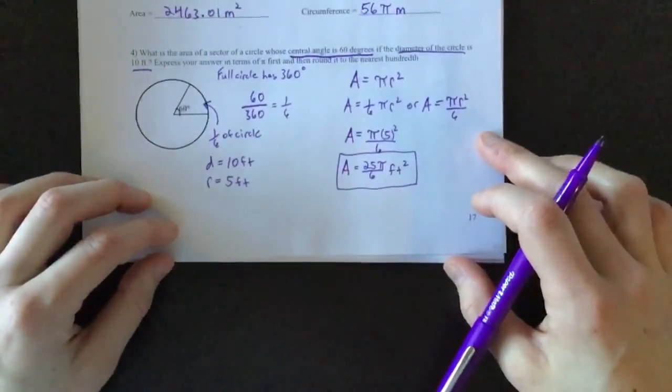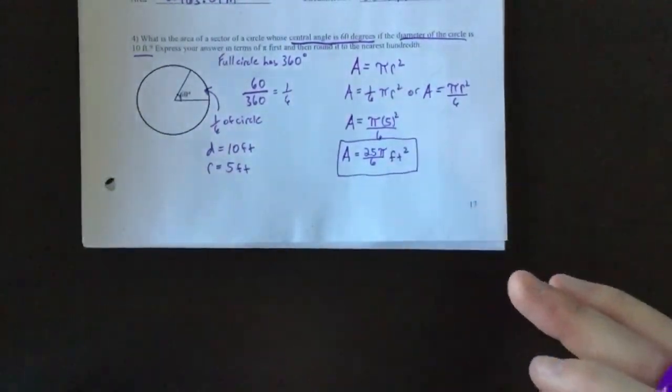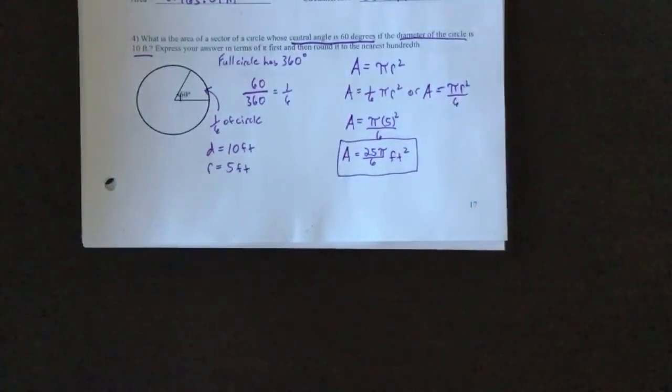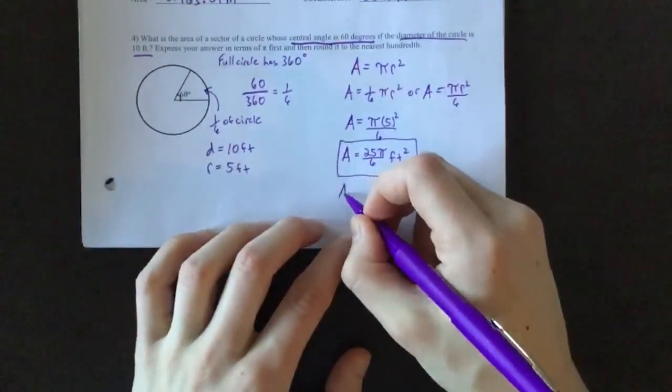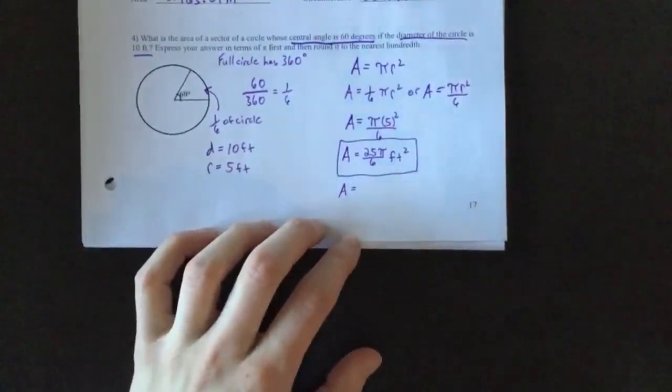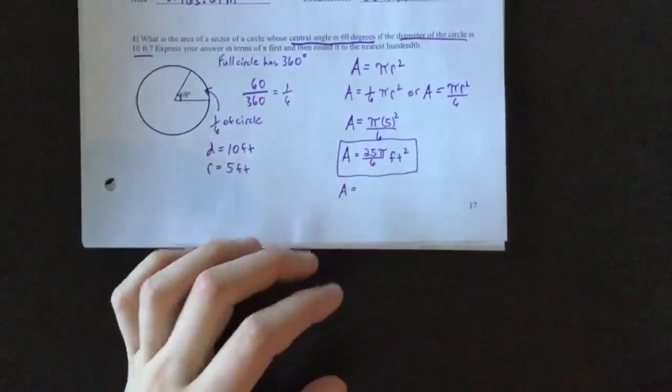Now, to get our answer rounded to the nearest hundredth, we have to use the calculator, okay? So the first thing I'm going to do is 25 divided by 6, okay?